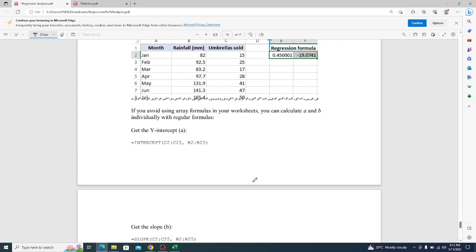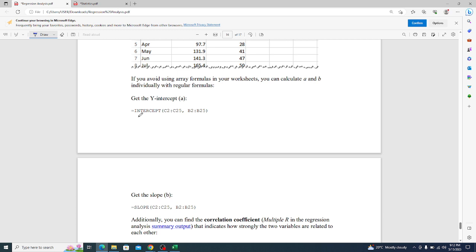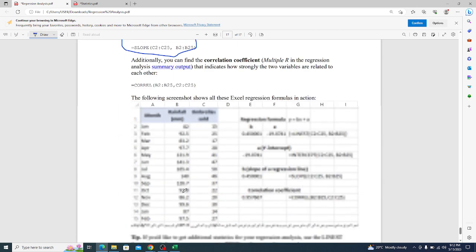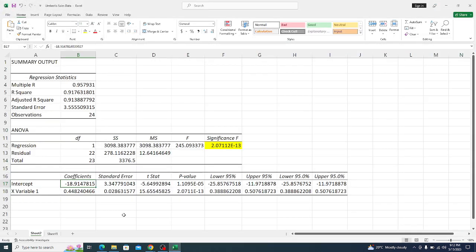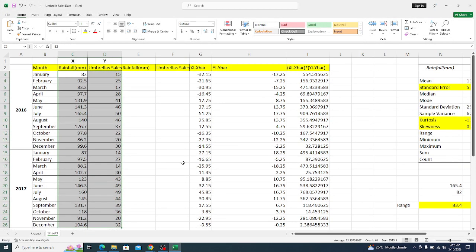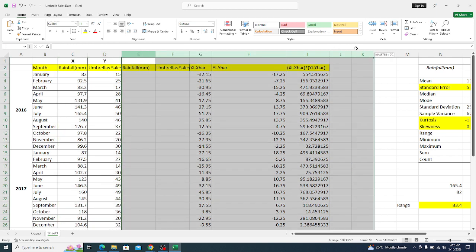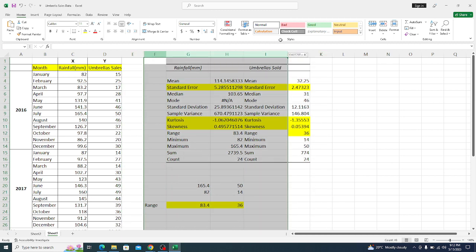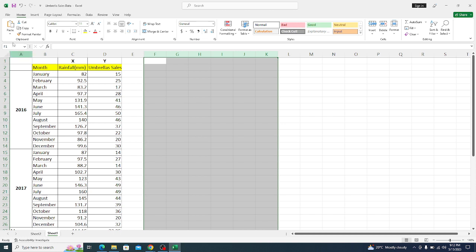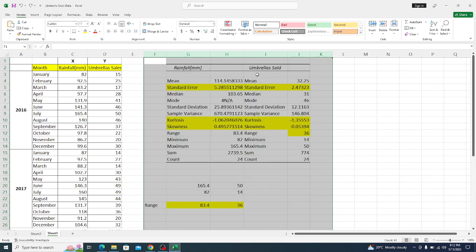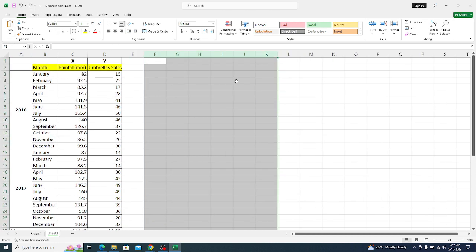After that, we'll calculate the slope and the intercept separately. So now we are going to do an example, the practical part on that. Take note and pay attention. It's very, very easy.